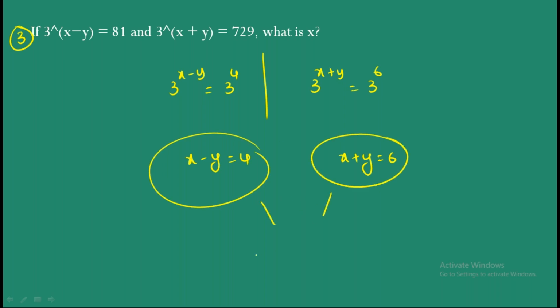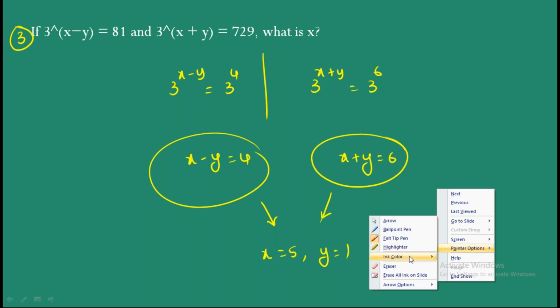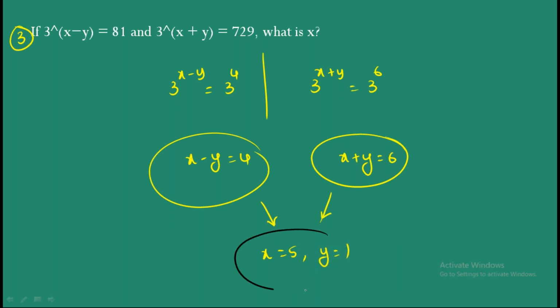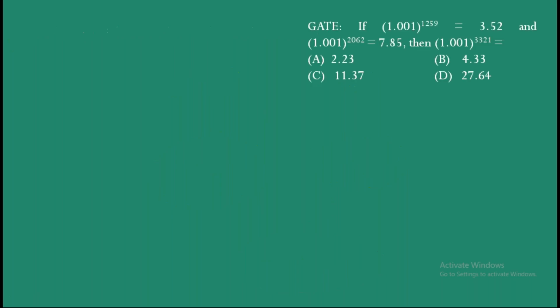Solving these two equations, adding them, y cancels, 2x equals 10, x equals 5, and y value 1 we will get. Finally, you can check, yes, x value 5 and y value 1. The question is regarding x value, which is nothing but 5. Okay, perfect. This is a GATE exam question, a 1 mark question actually.